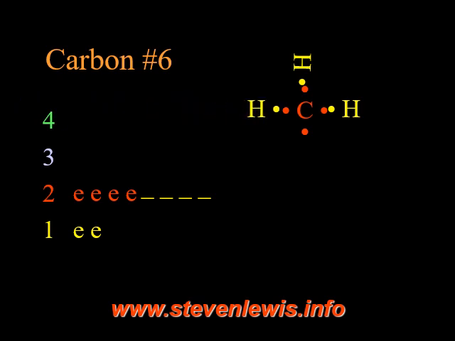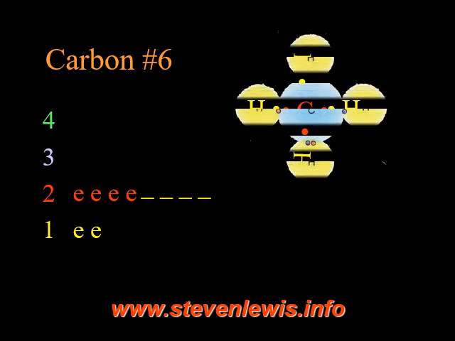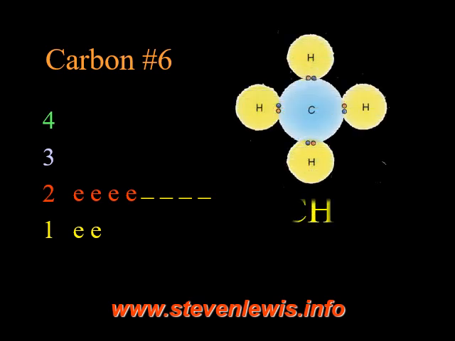Three hydrogens will still leave carbon short one valence electron, so we're going to have to bring in a fourth hydrogen to fill the valence shell of electrons of carbon. The result is CH4, which is also known as methane, or natural gas.